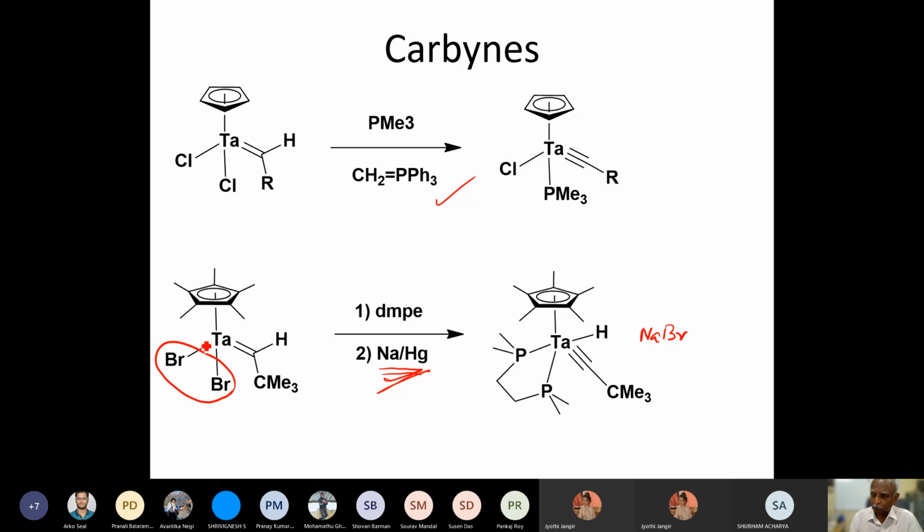Here, you're removing the two bromides and you're generating a species which I would say is +2, but because of the carbyne, we again have a problem with the electron counting. The neutral method wins. Neutral method is safer to use in all these cases.